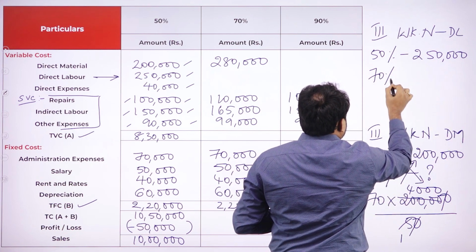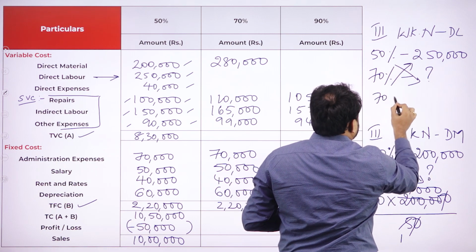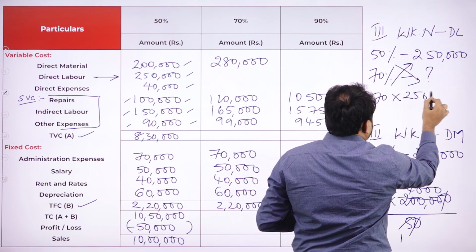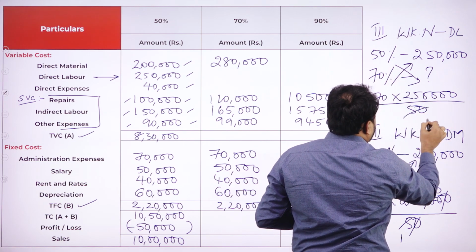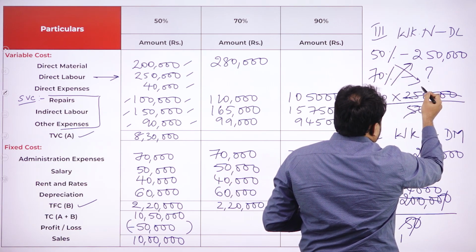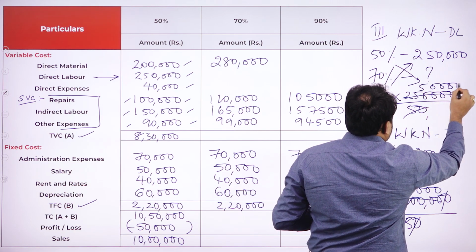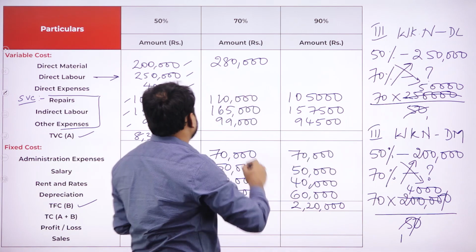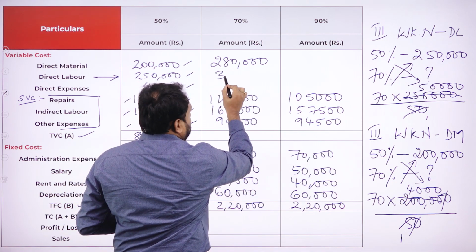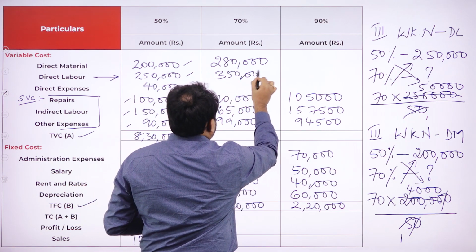For 70%, how much? Again, cross multiply. That is 70 into 2,50,000 divided by 50. Now 50 ones are 50. 5 fives are 25. Then you have 1, 2, 3, 4, so you have 5,000. So 7 fives are 35. That means 3 lakh. 7 fives are 35. 3 lakh 50,000 is what we got.